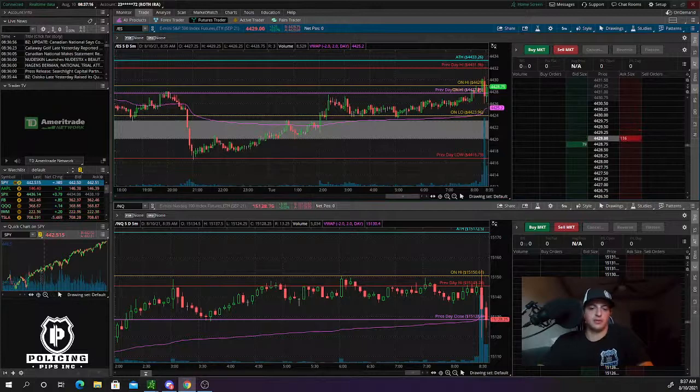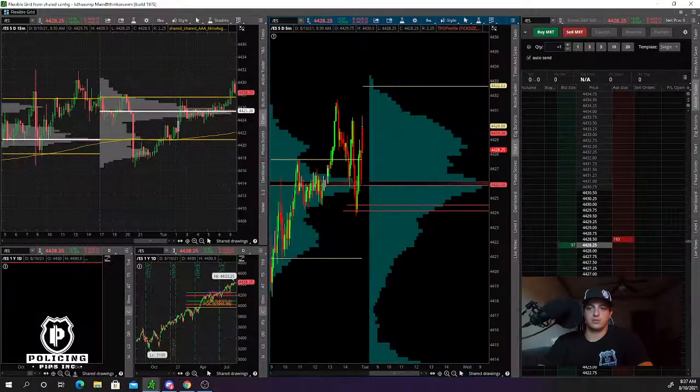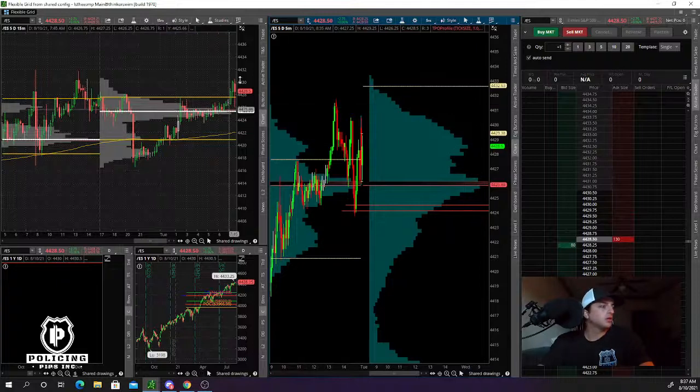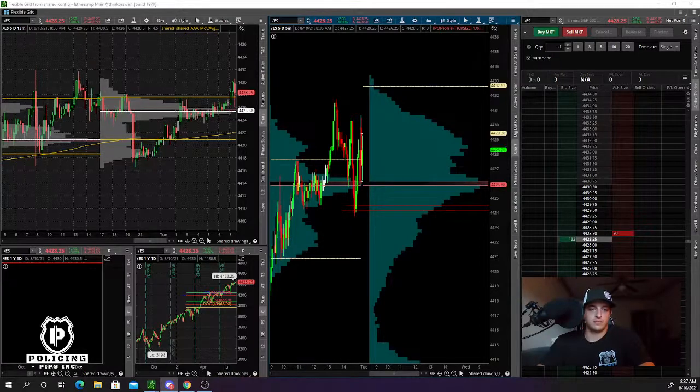Let's see what that value zone looks like. Value zones. Here we are. So we're above value still. Still trying to peek back in.